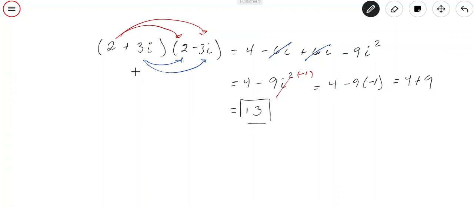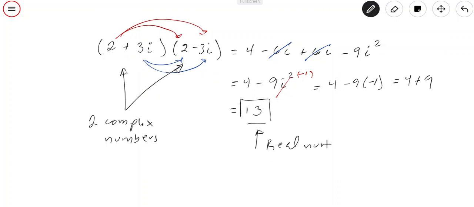So the result of the multiplication of, in this case, two very special complex numbers, because it was a complex number times its complex conjugate, gave me as output a real number. And it's going to be always like this. Whenever you multiply two complex numbers where one number is the complex conjugate of the other one, the result of that must be a real number.